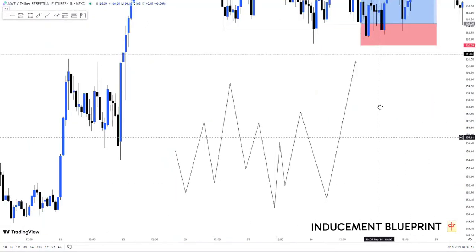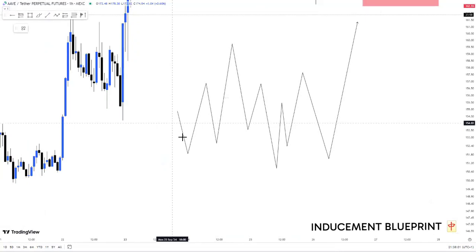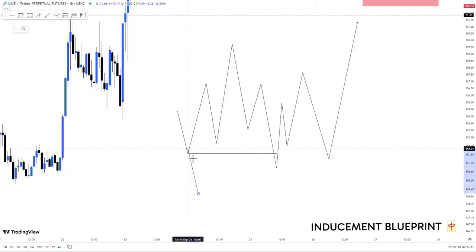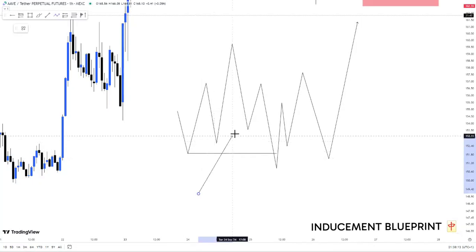And this is our sweep. You guys can see the first sweep here, this was the first low, second low, and then third low. Like I said, it should be at least 2 lows, so here were 3 lows, which means it is valid.